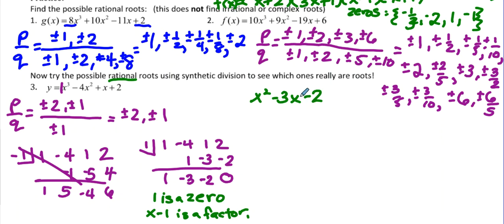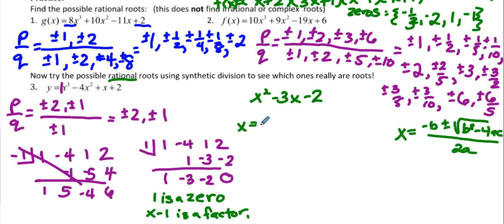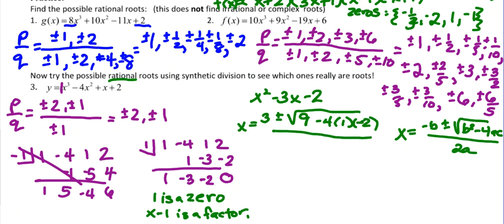But I'm going to find the roots using the quadratic formula, which I'll put over here on the side. x equals -b plus or minus square root b squared minus 4ac all over 2a. Okay, so x equals -b, that would be +3, plus or minus the square root of b squared, when I square -3, I get 9, minus 4 times a times c, c is -2, over 2a, so 2 times 1.